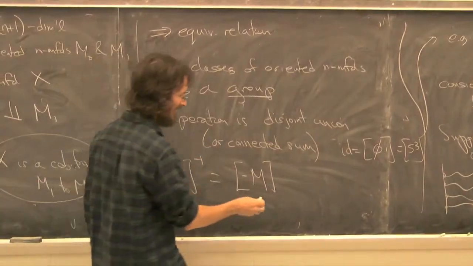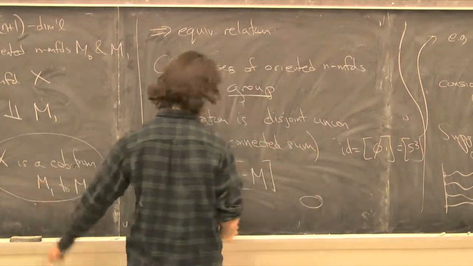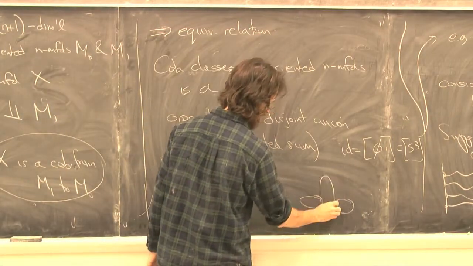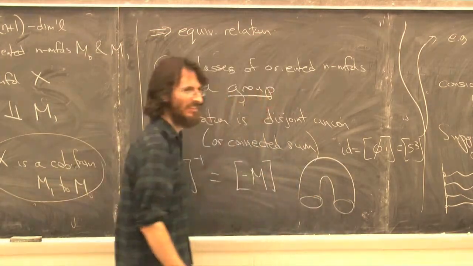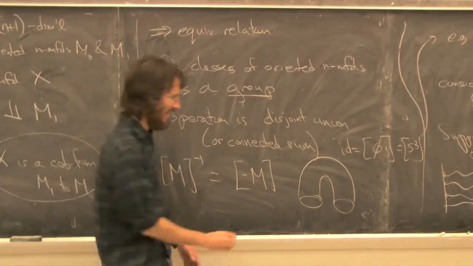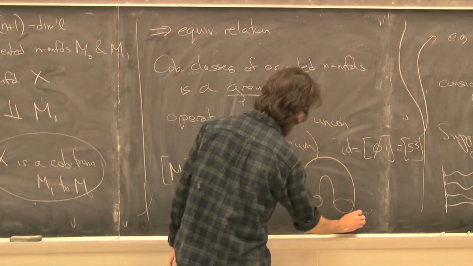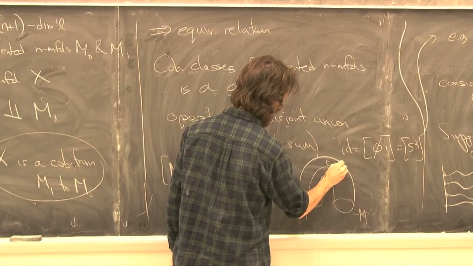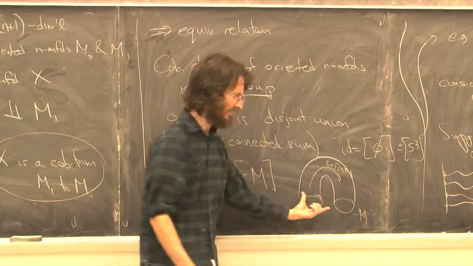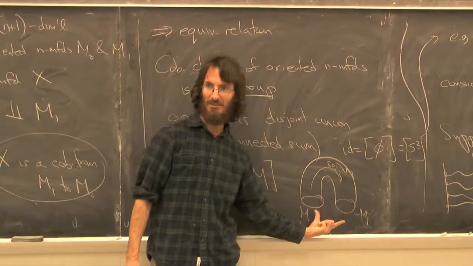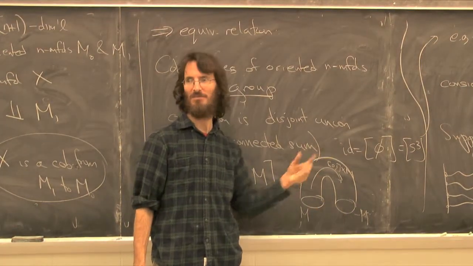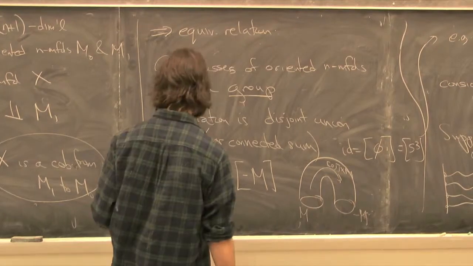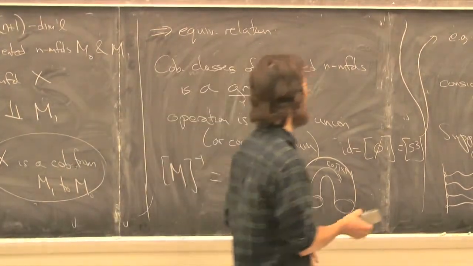Well, you take the same cylinder again, but you think of this cobordism like this. So this is M and minus M, and this is a cylinder, 1 cross M. You draw it this way, and it's a cobordism from M disjoint union minus M to the empty set.